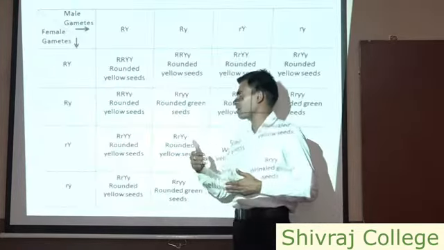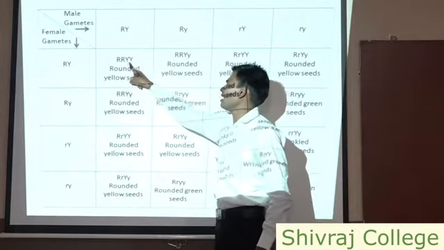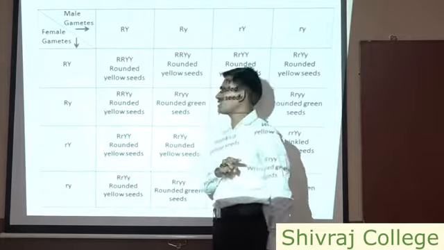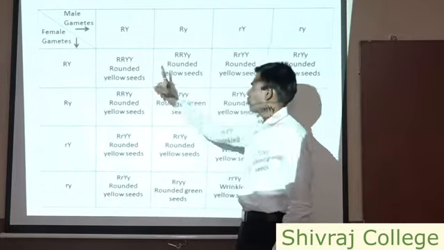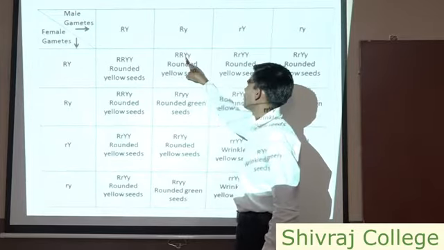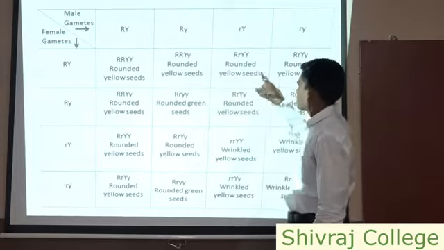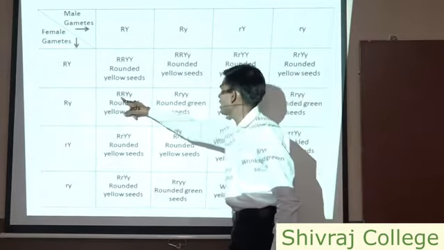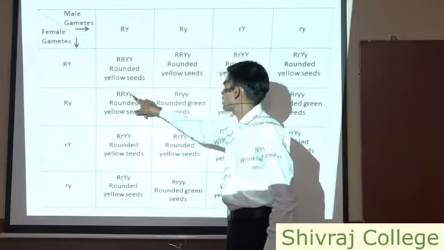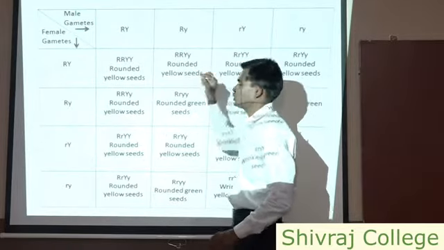Capital R, capital Y, only one plant is there. Then capital R, capital Y, small y is one plant. Then another, capital R, capital Y, small y, is two plants. So these are the actual genetic genotypes.